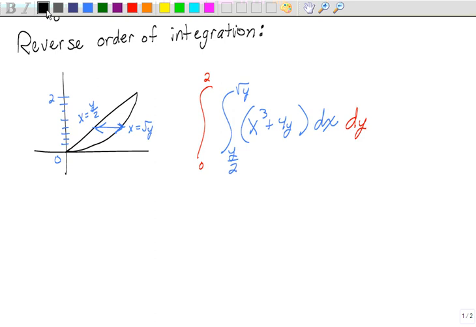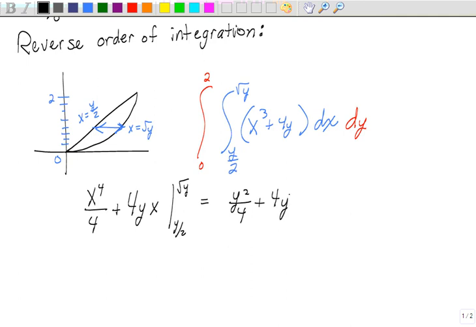So first, when we integrate with respect to x, we're going to get x to the fourth over 4. y is a constant, so this is just going to be 4yx from y over 2 to the square root of y. That's going to be y squared over 4 plus 4y to the 3 halves minus y to the fourth over 16 times 4 is 64 plus 2y squared.